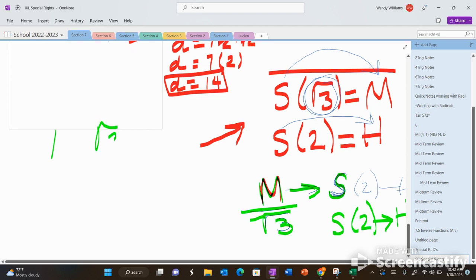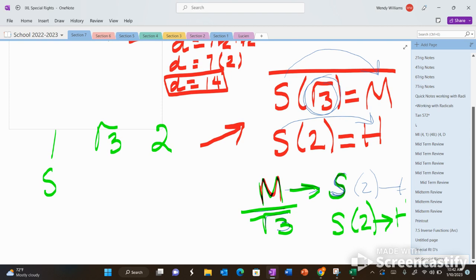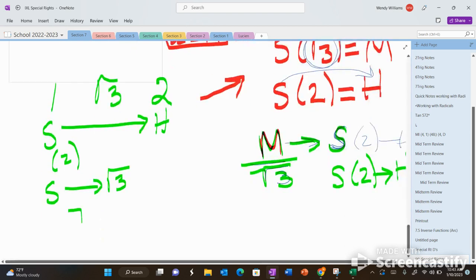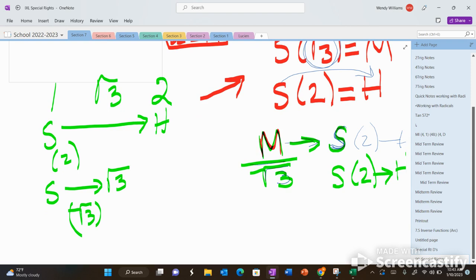1, square root of 3, 2. To go from small to hypotenuse, I multiply by 2. To go from small to medium, I multiply by the square root of 3. Backwards, you divide.